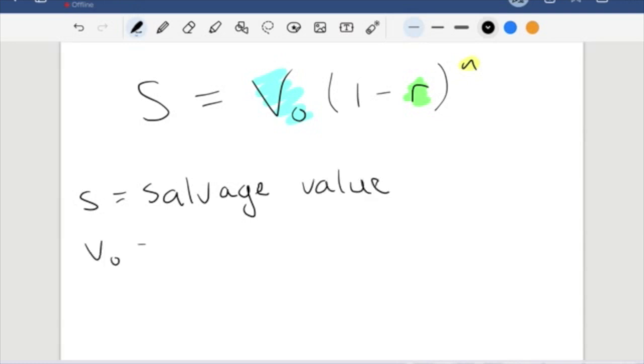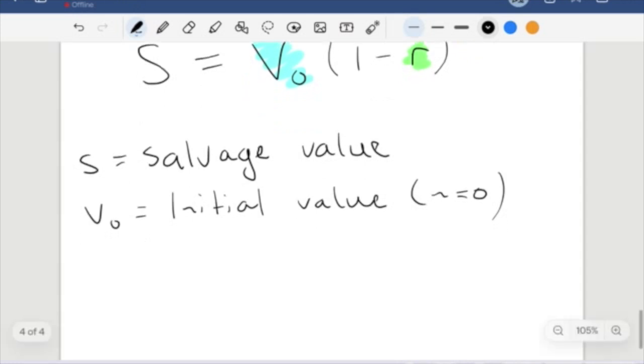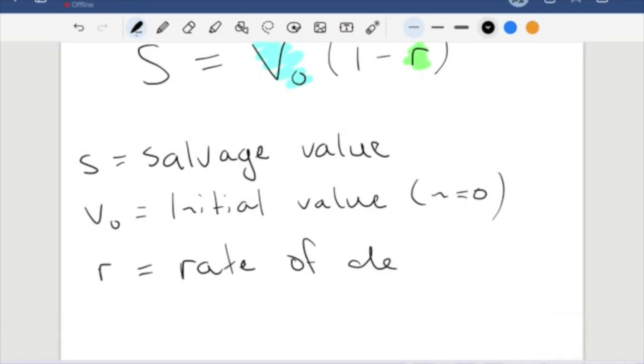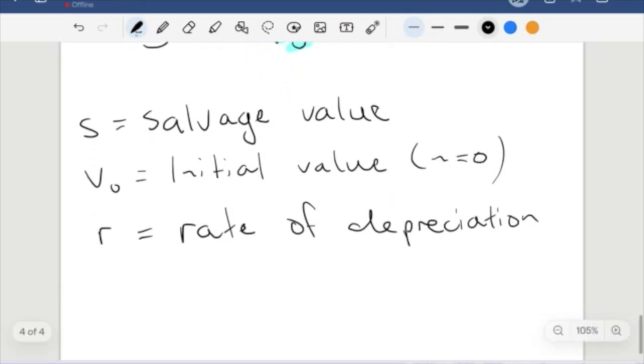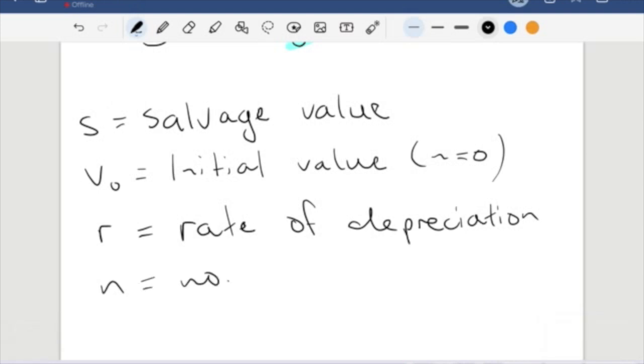Our V naught is the initial price, initial value, when the number of periods is 0. So right at the start, 0 years have passed, right? The R is the rate of depreciation. And your N is the number of years in this case, or the number of time periods.